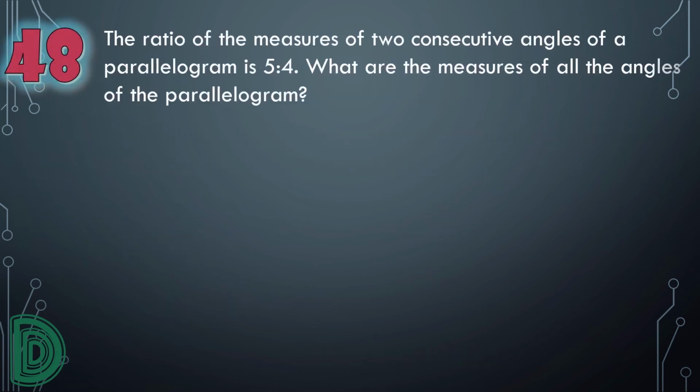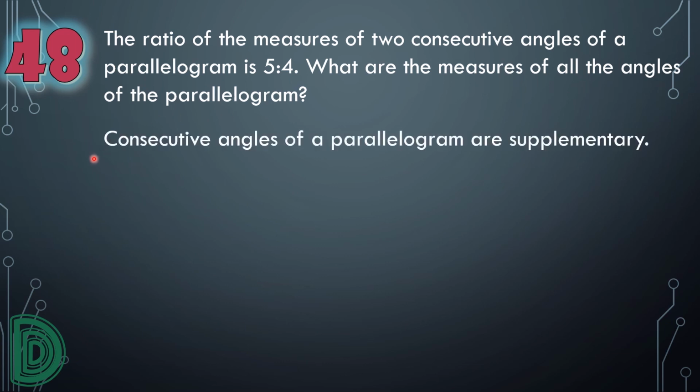48. The ratio of the measure of two consecutive angles of a parallelogram is 5 to 4. What are the measures of all the angles of the parallelogram? Consecutive angles of a parallelogram are supplementary.